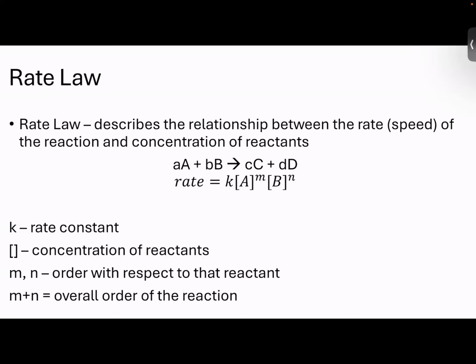Notice in the rate law, the only thing represented are the reactants. So again, the rate is equal to the rate constant times the first reactant raised to that reactant's order times the second reactant raised to that reactant's order.